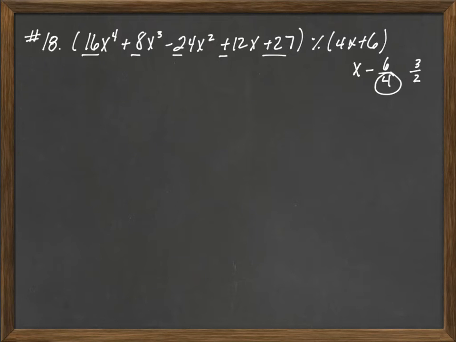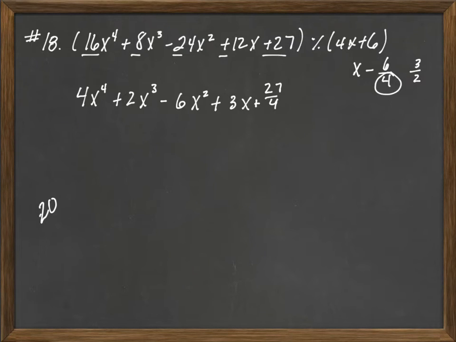So this is 4x to the 4th plus 2x cubed minus 6x squared plus 3x. And then I do get this 27/4 here. All right, and then it's going to be 3/2 here.